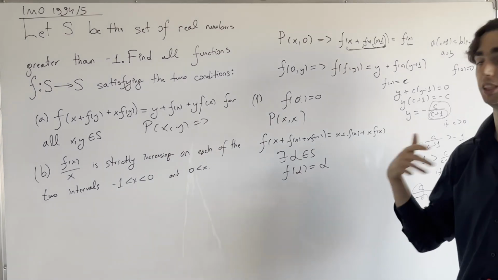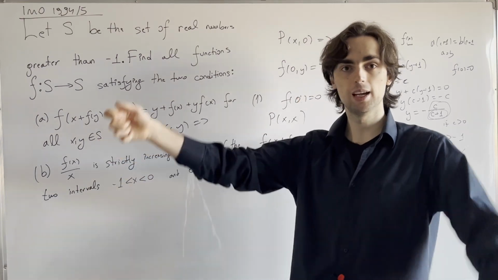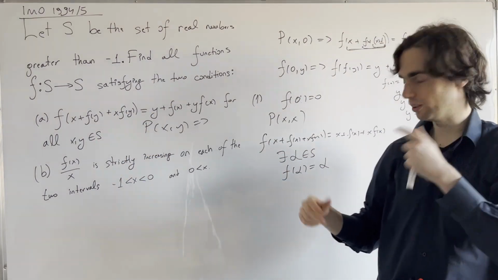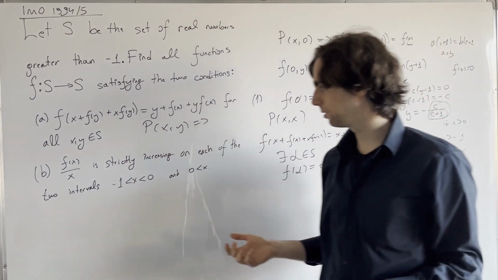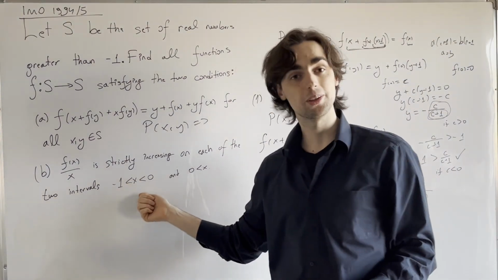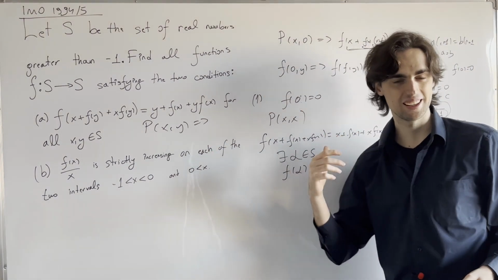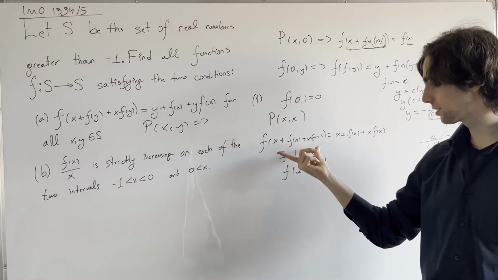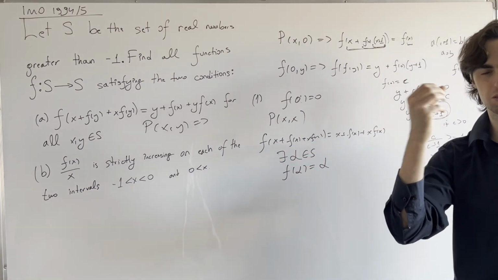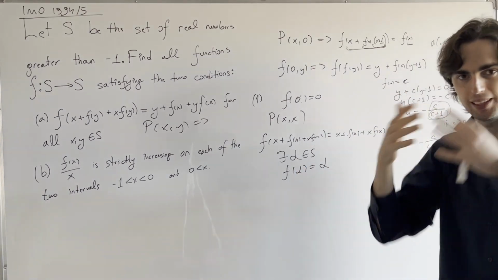We can have alpha be 0, right? Because then this is not touched. But we can't have two separate alphas, two separate values that this is equal to on the interval from -1 to 0, or from the interval 0 till infinity, right? So this thing right here can be equal to three different values, a positive, a negative, and a 0.